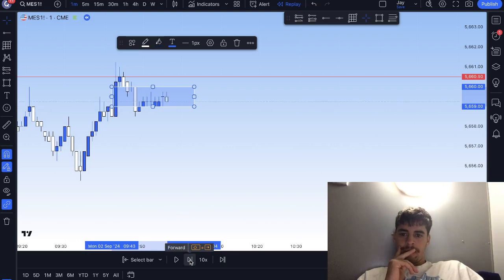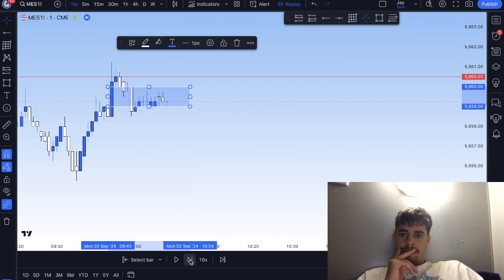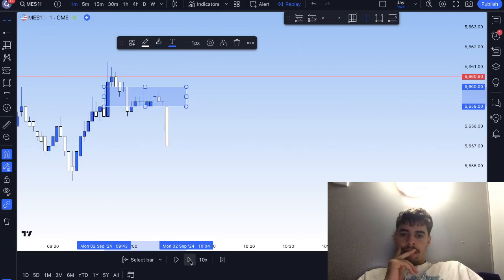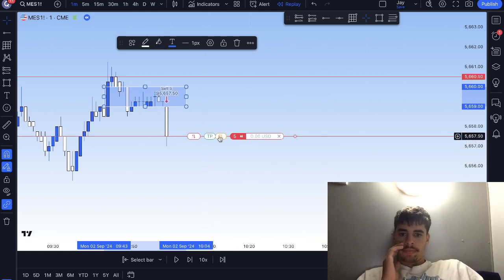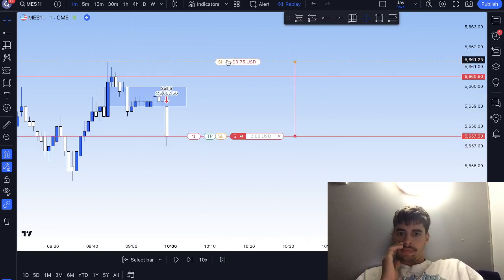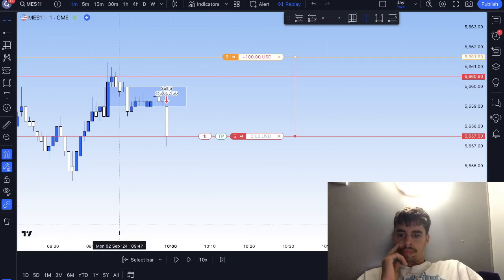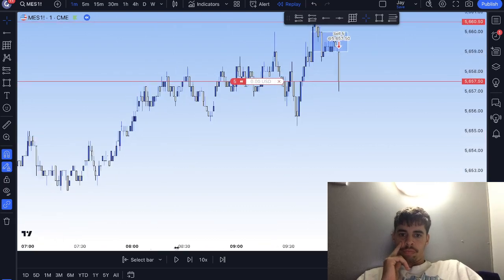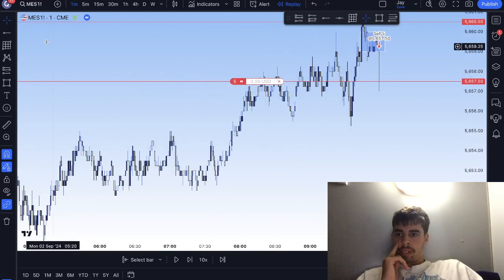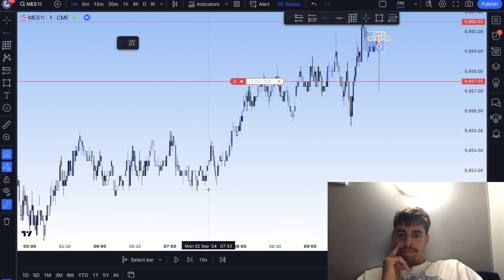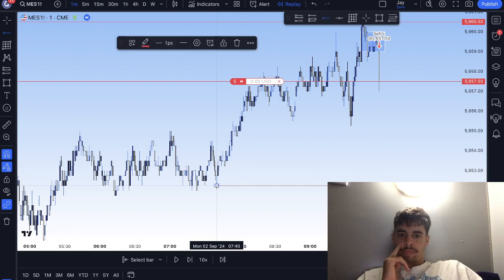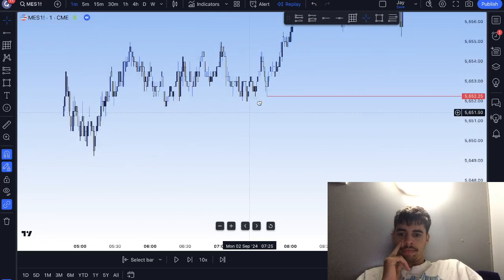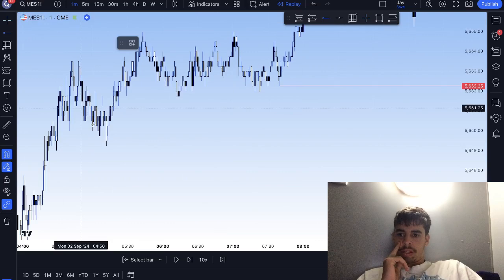And closes bearish out. I'd say sell here. Stops above liquidity. You could have TP1 down here. And TP2 here.